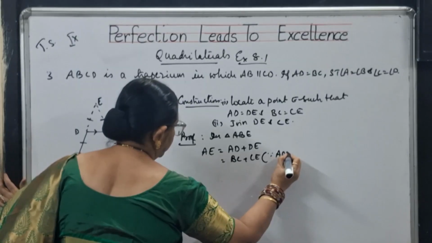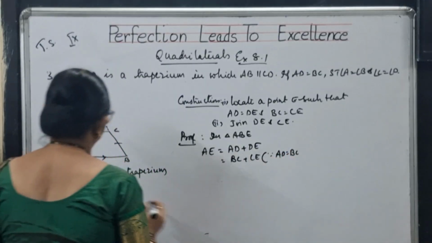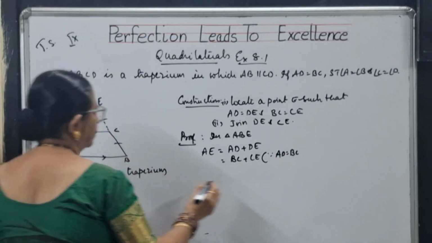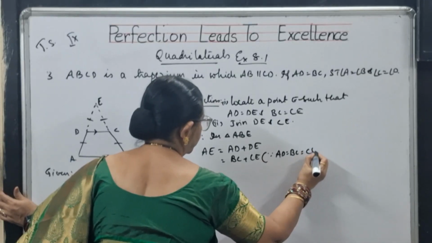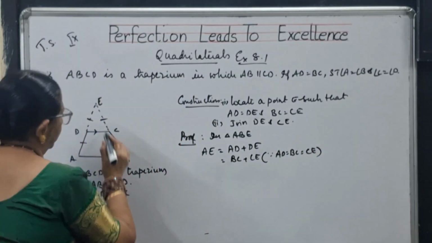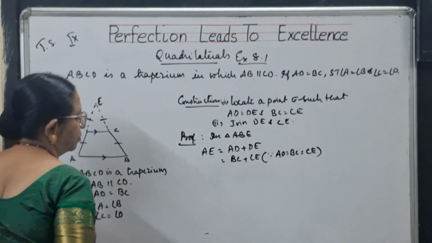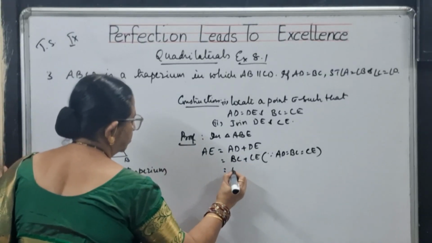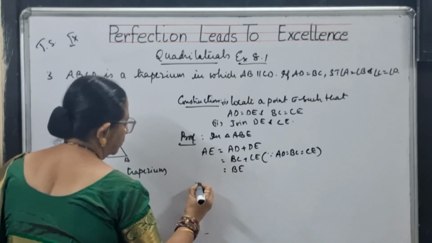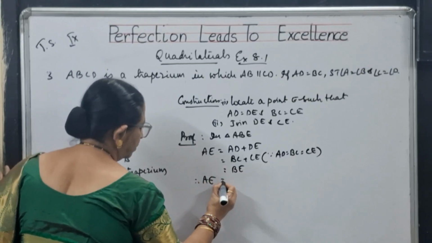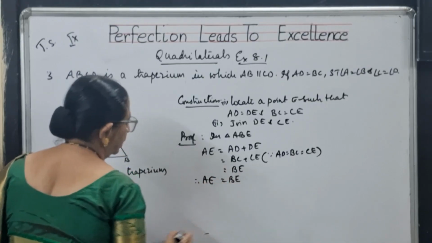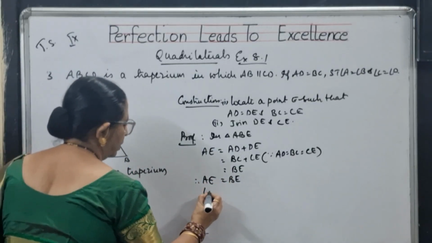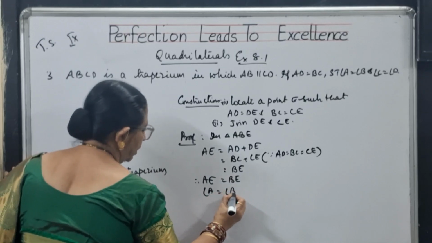Because AD is equal to BC, and BC is equal to CE. We have done now our construction. So what is BC plus CE? That is BE. So we can say AE is equal to BE. When AE is equal to BE, angle A is equal to angle B.